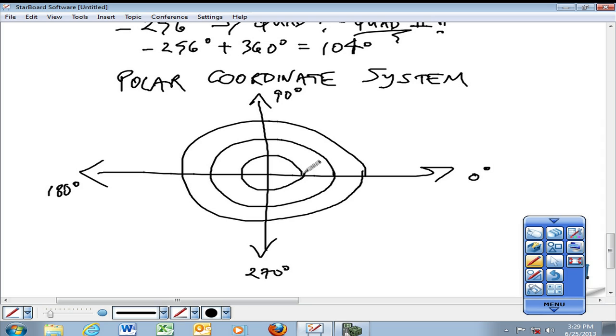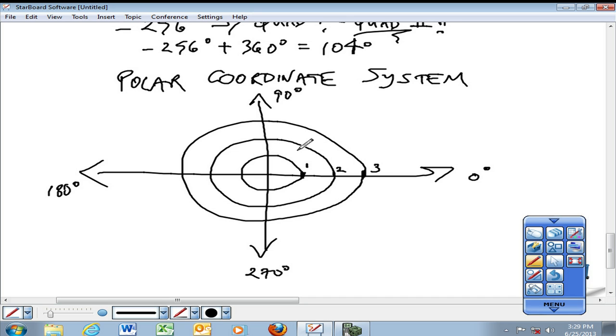What we're going to do is let the radius of this inner circle be 1, the radius of the second circle be 2, and our third, outermost circle 3. So that'll be the radius: 1, 2, 3.